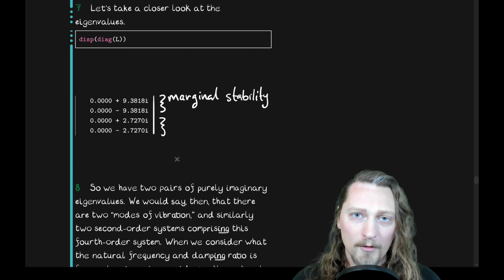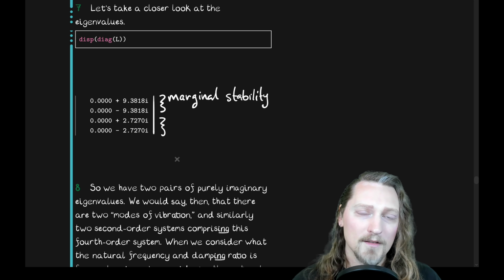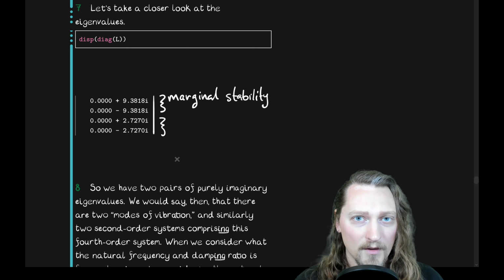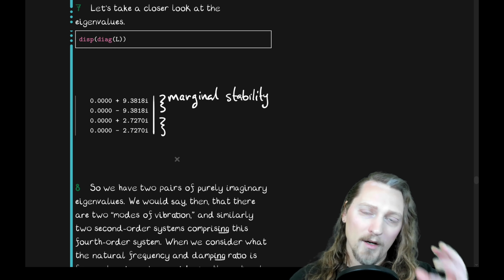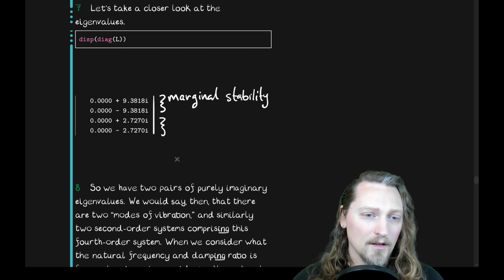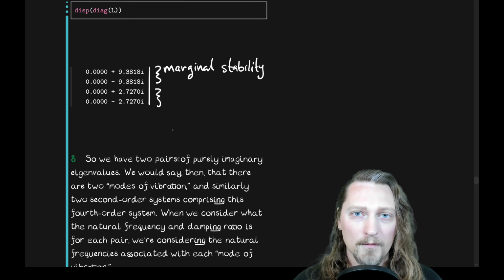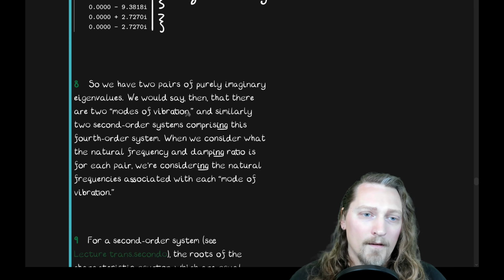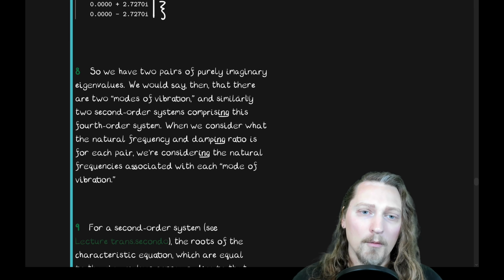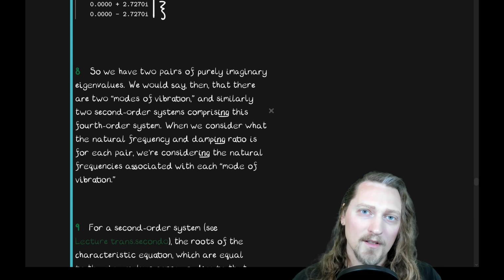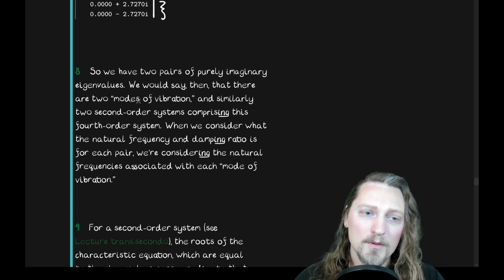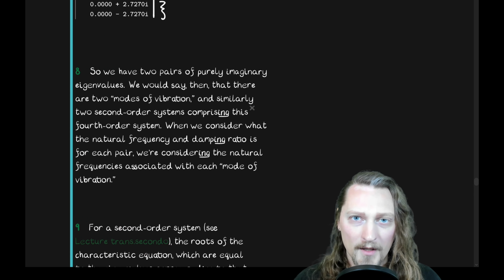We also know that there are two different natural frequencies associated with this system because we have two different pairs of complex conjugate eigenvalues. So let's take a look. When we have this case of two different complex conjugate pairs of eigenvalues, we can say that there are two different modes of vibration.